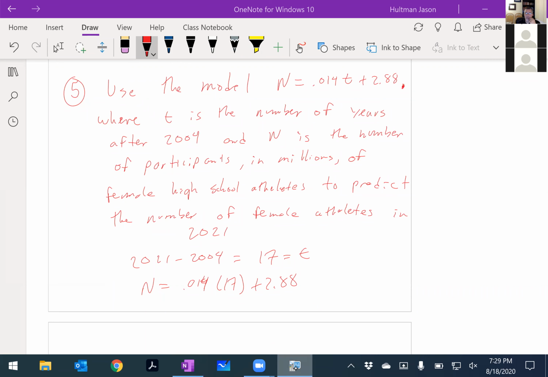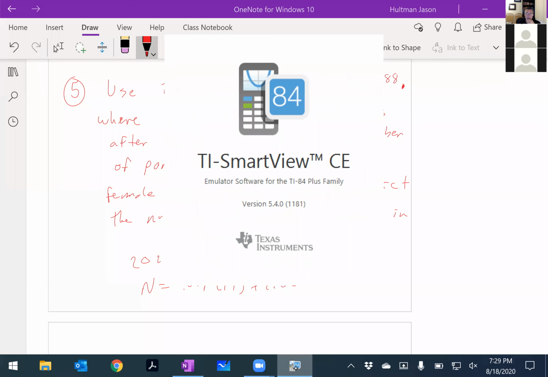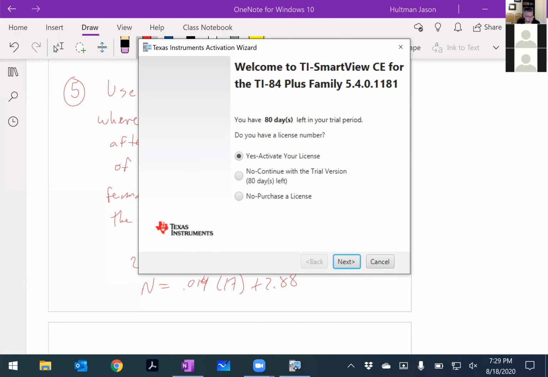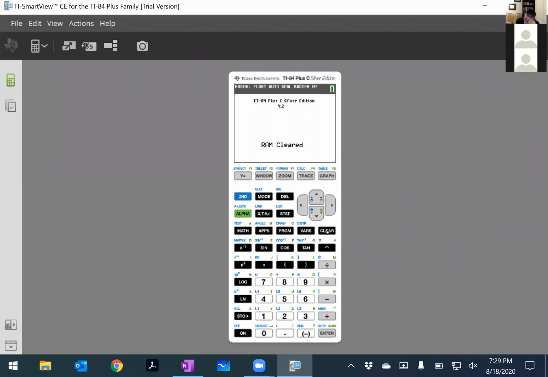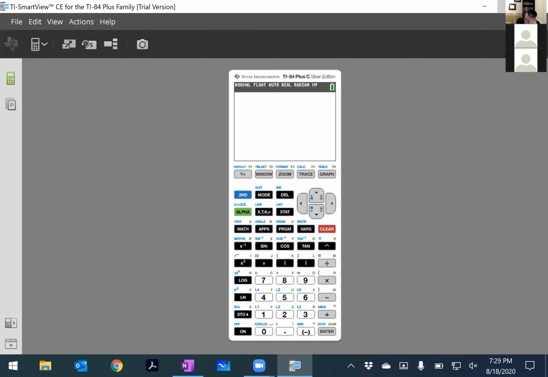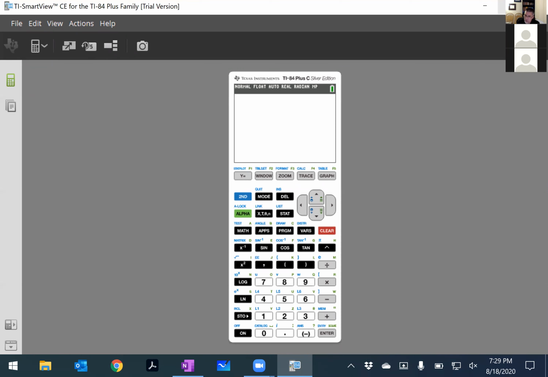Okay, it just takes a minute to load. Okay, and I'm going to calculate this out. N is 0.014. Okay, clear. See if I can get this to look a little nicer.